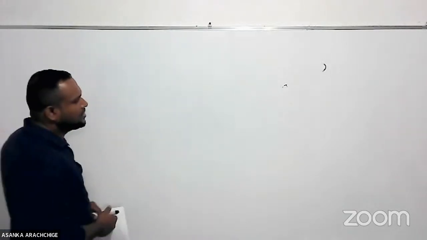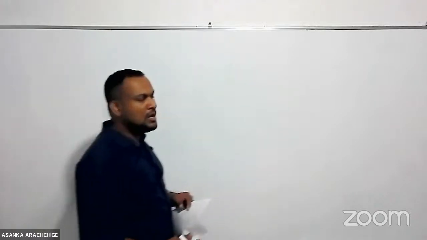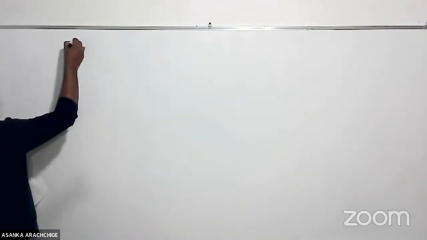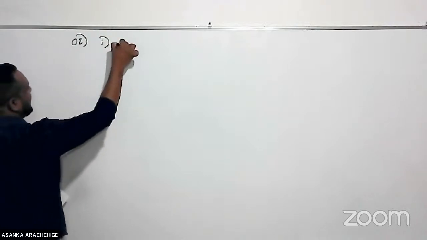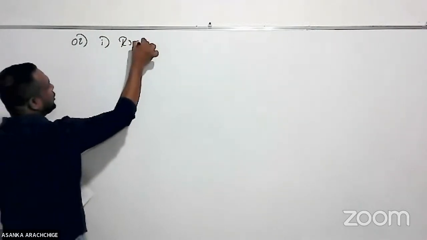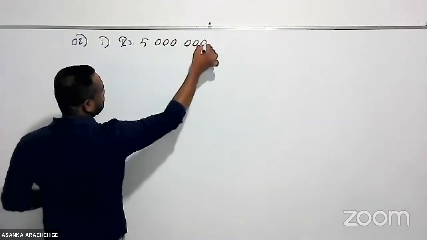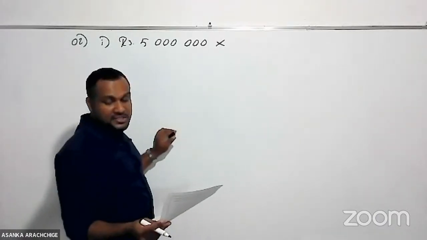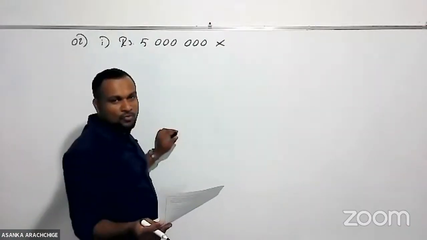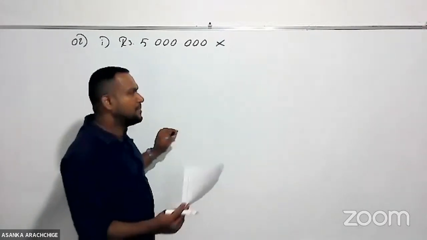Tell me, what is the total loan amount? The loan amount is 5 million rupees. What is the rate of annual simple interest charged for this? 4%.